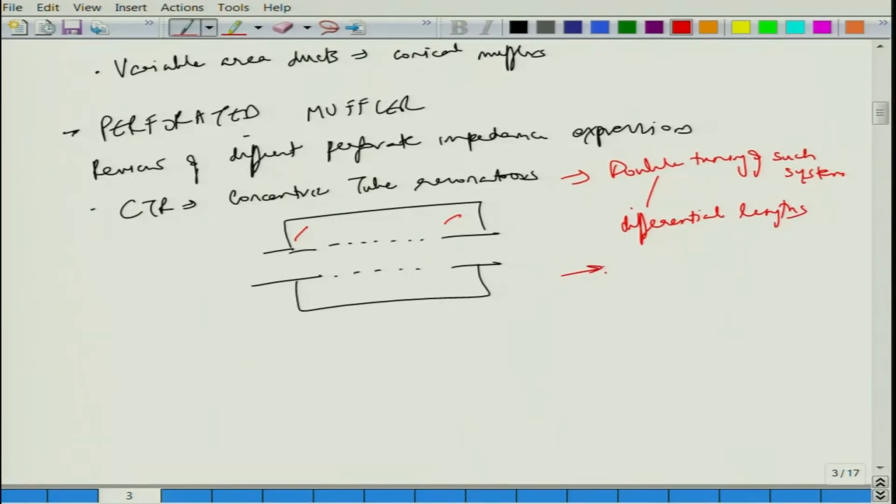And then we had the effect of mean flow, the effect of grazing mean flow on perforated impedance and TL performance. Okay. We did a lot of that study as well, and then we considered a cross flow configuration.